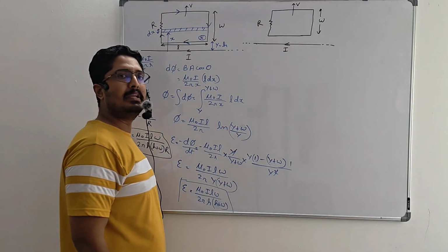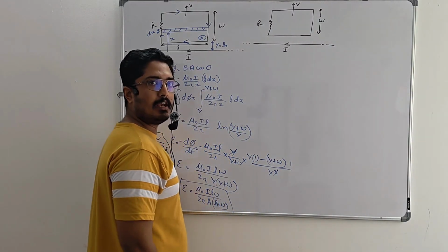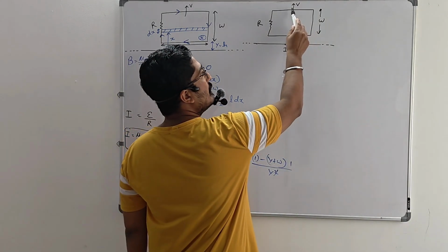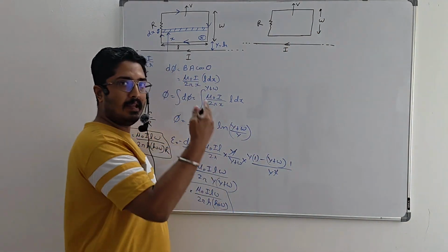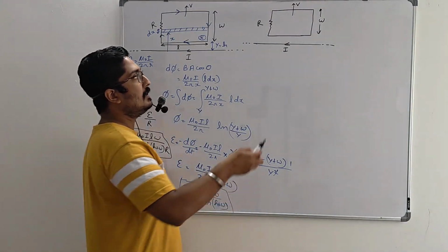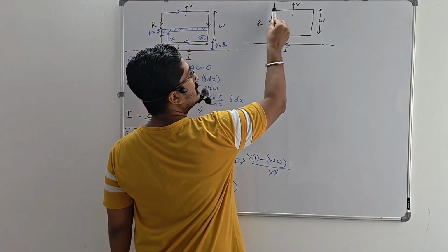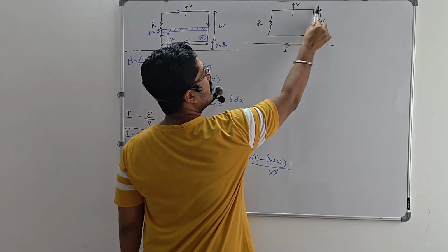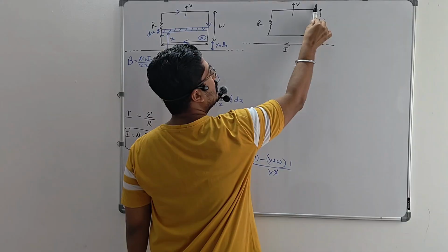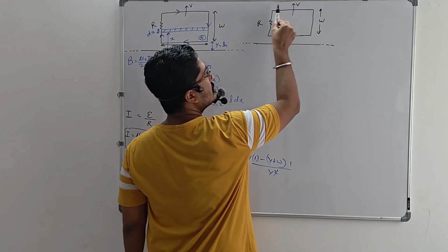If you have studied BLV, you know that motional EMF BLV is only applicable when the velocity and the length corresponding to that are perpendicular. In here, for these two parts of the loop, the velocity and the vector L, the length of the wire, are parallel to each other, you can see, right?